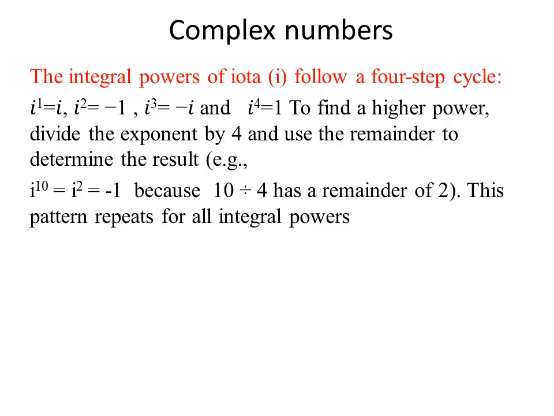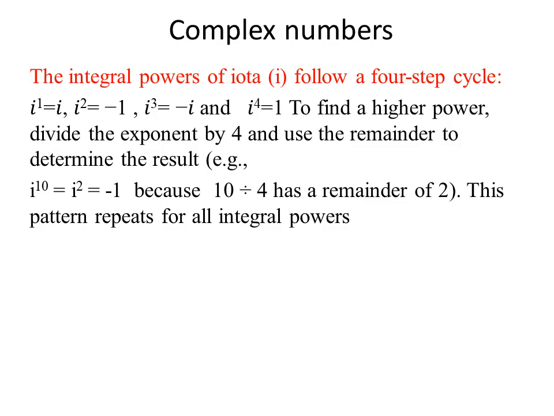The integral powers of iota follow four steps, that is i to the power of 1 is equal to i, i² is equal to -1, i³ is equal to -i, and i to the power of 4 is equal to 1. To find a higher power, divide the exponent by 4 and use the remainder to determine the result.